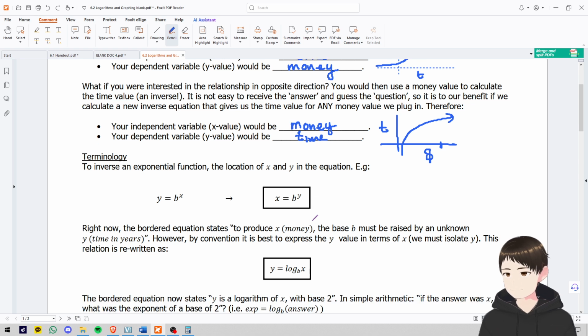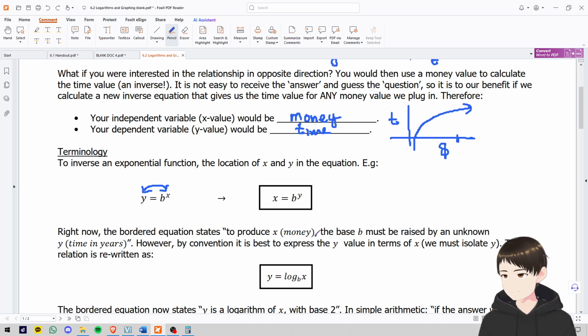Okay, so here is the challenge. Right now, we have a function, y is equal to some base to the power of x. What I want is, how do I get the inverse? I want to know, if I have the answer, what's my question? But the problem is, how do I isolate the y?